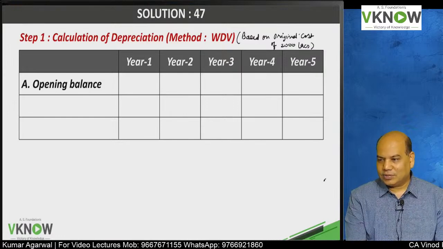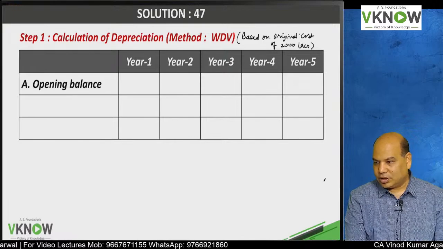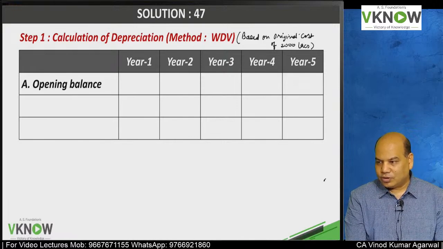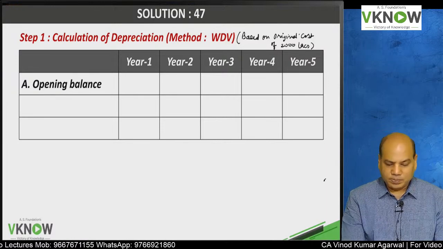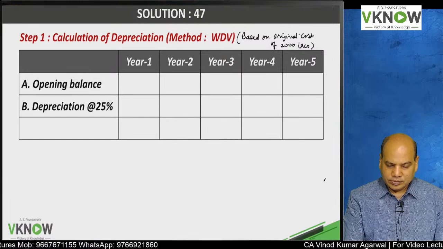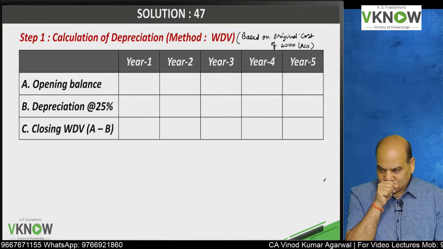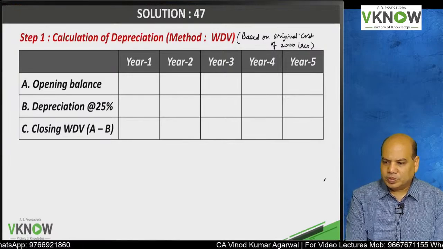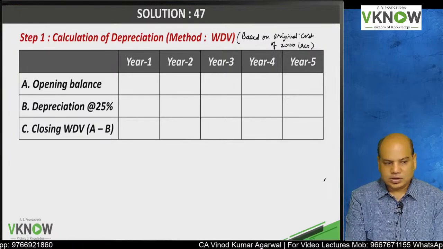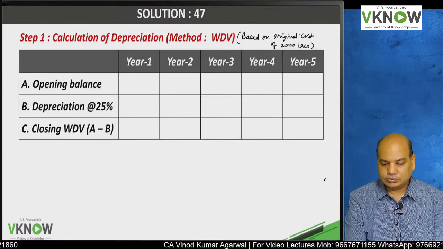Draw the table with 5 columns on the right side. Year 1, year 2, year 3, year 4, year 5. And when method of depreciation is WDV, you will have to prepare a tabular format. Opening balance, depreciation at 25%, closing WDV.